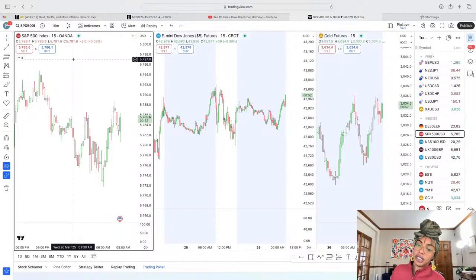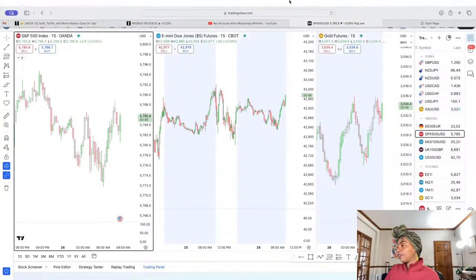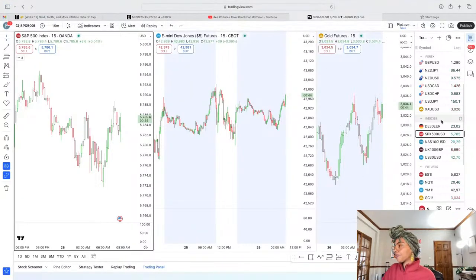Remember, it is also paired against the US dollar, which also creates a whole different level of trading that we need as well. Give me 1 second.